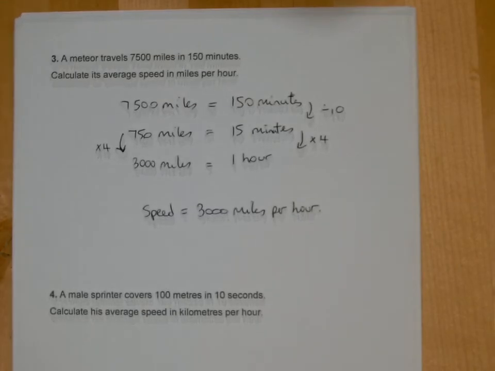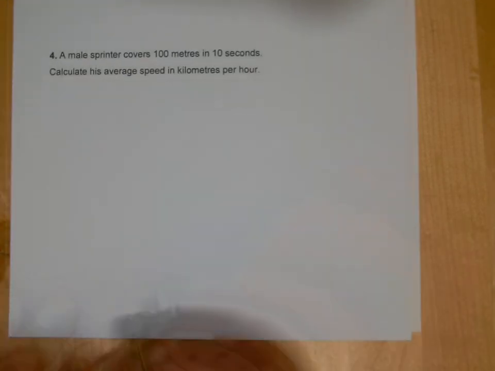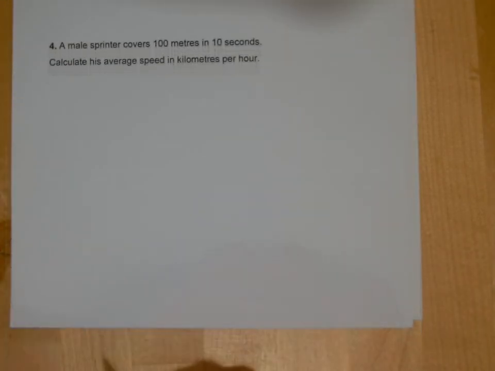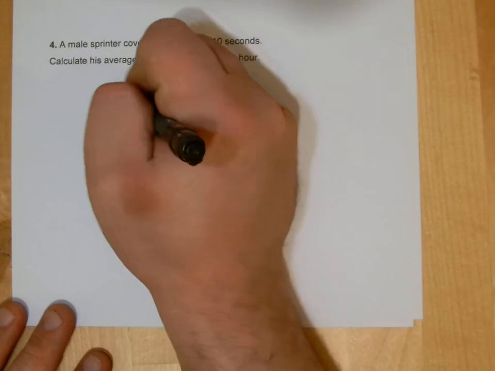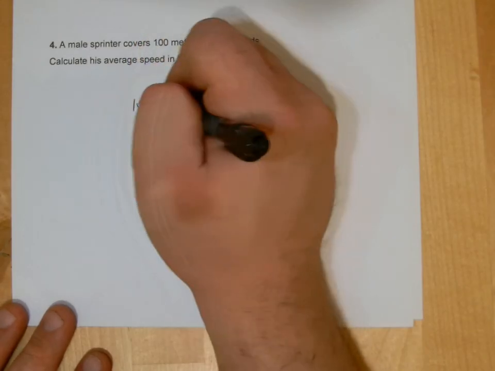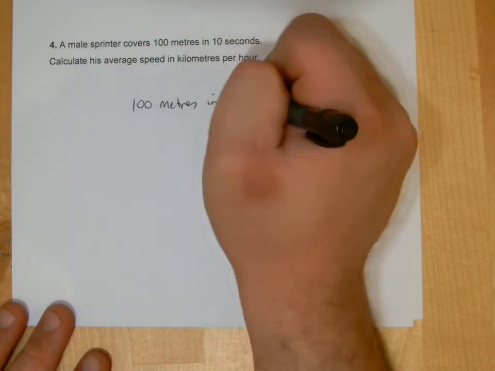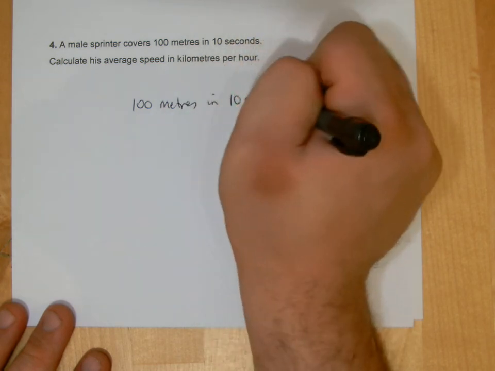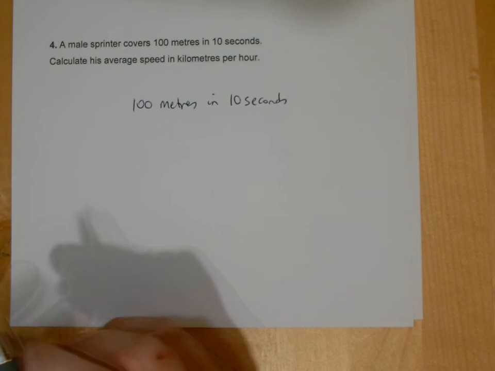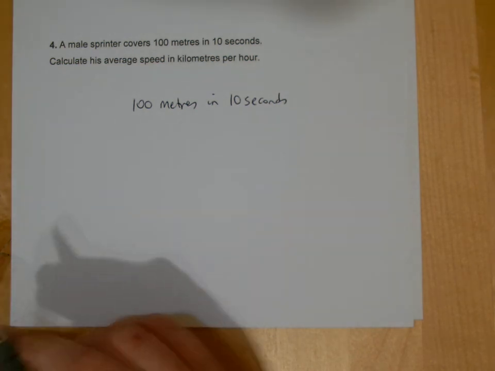Okay, fantastic. Fourth one. A male sprinter covers 100 meters in 10 seconds. Calculate his average speed in kilometers per hour. Well, if they can do 100 meters in 10 seconds, and they carried on running like that, obviously that would be impossible, but if they did, they could.